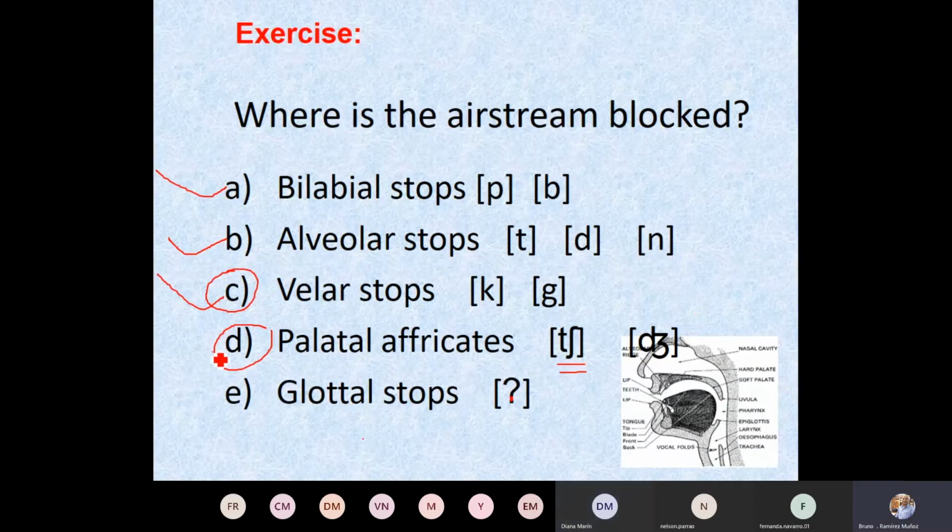Excellent. All right. The tongue is behind the alveolar ridge. Good job. Excellent. What about a glottal stop? Where is the airstream blocked? Airstream or airflow?